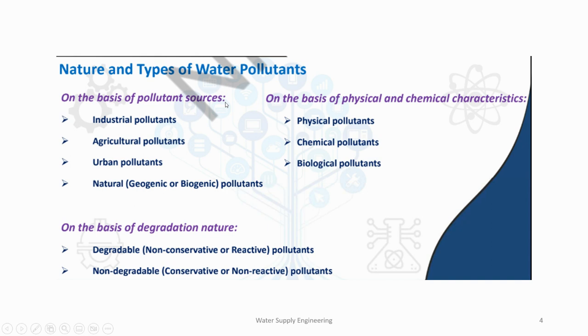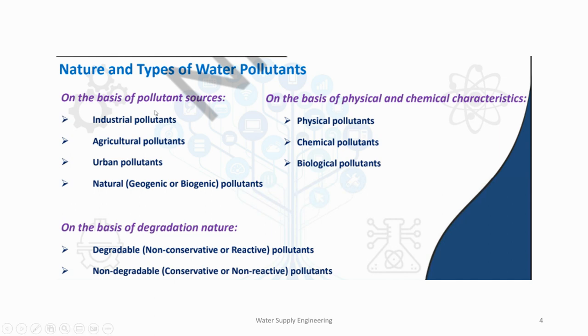If we classify the water pollutant based on their source of origin, we have four different kinds, namely industrial pollutants, agricultural pollutants, urban pollutants, and natural pollutants. So we had one option in the question that geogenic or biogenic pollutants, they are nothing but natural pollutants. So they come under the classification based on the source of pollutant.